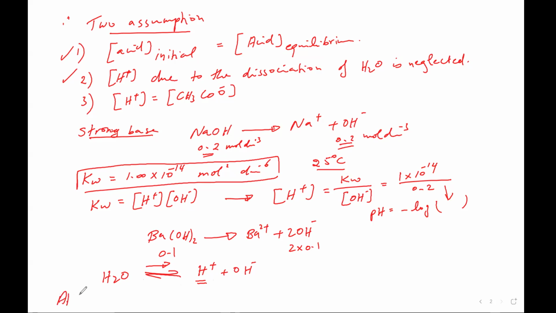At higher temperatures, we'll see that the Kw becomes higher, because the Kw is equal to the concentration of hydrogen ion times hydroxide ion. The Kw will be greater than 1 times 10 to the power minus 14.